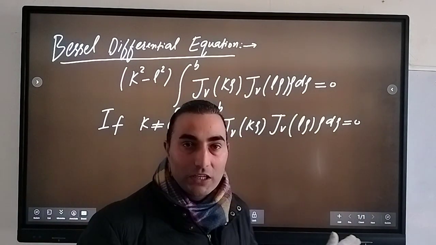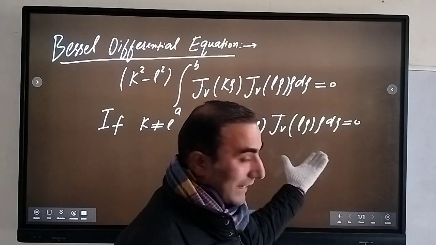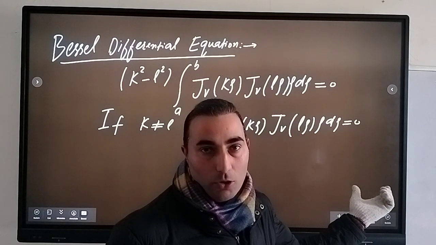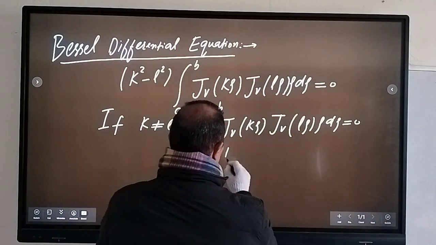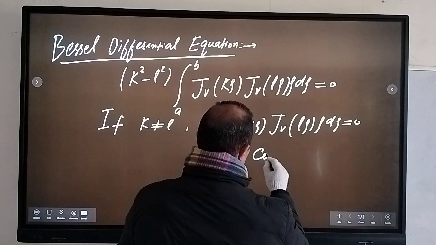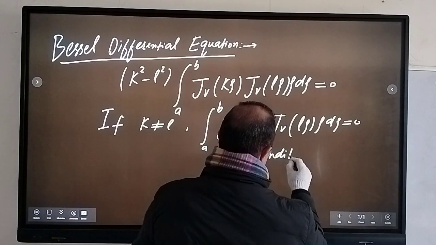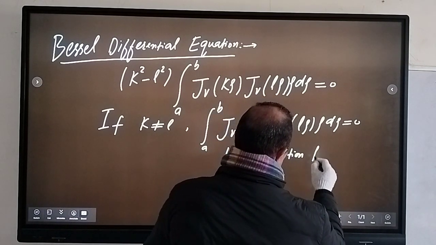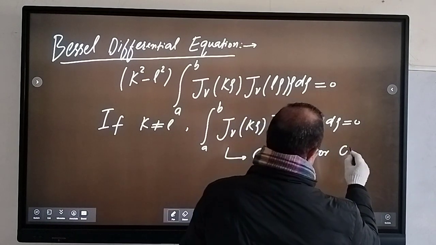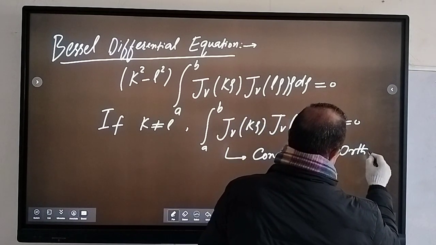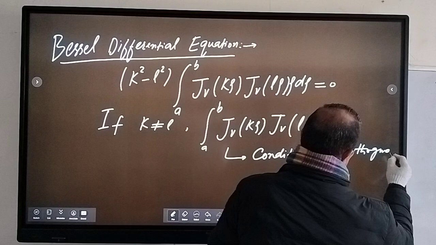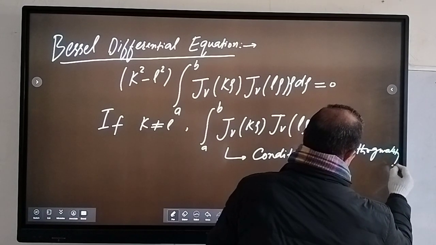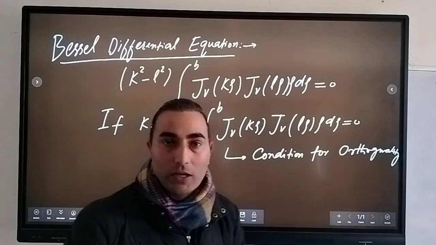So we have calculated this. We are basically getting this equation, which is called the condition of orthogonality. So this is the condition for orthogonality, right?